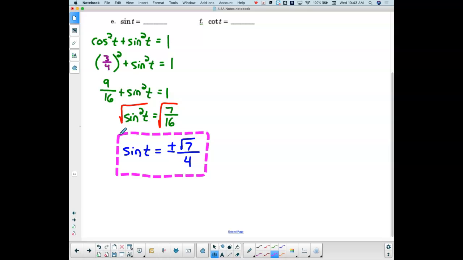Cotangent. Cotangent is what? Cosine over sine. Cosine was what? Positive 3/4.